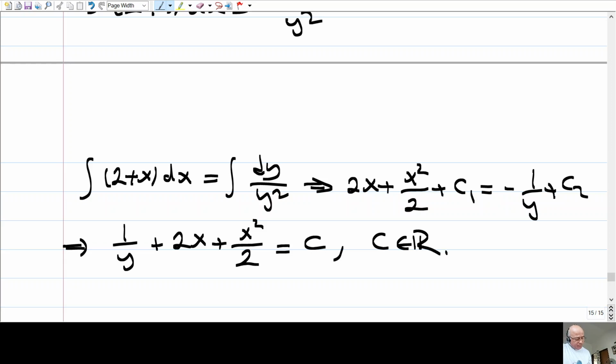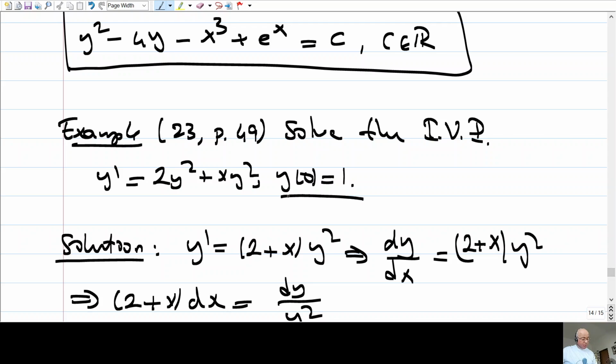So this is the general solution. Actually, we don't know whether it is the general solution. General solution means the list of all solutions. I am not sure at this moment whether this is the list of all solutions, but this is the list of solutions we could obtain so far.